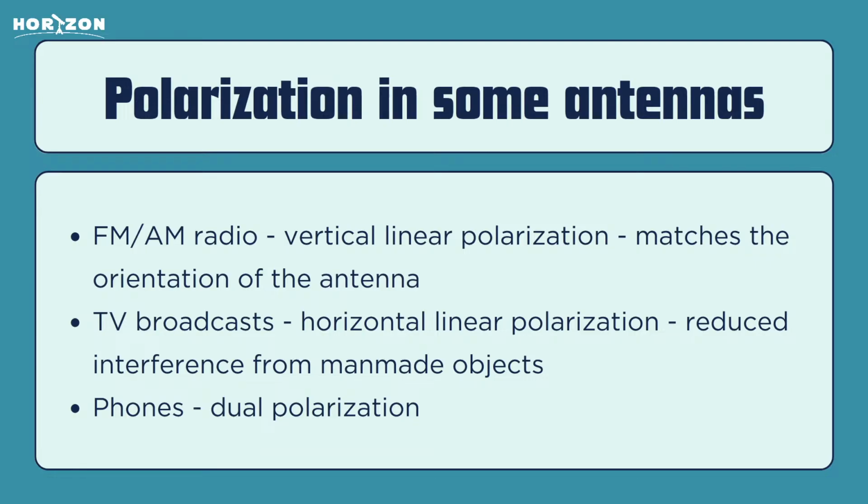TV broadcasts use waves with horizontal linear polarization, and this is done to reduce the interference that arises from man-made objects like buildings. Phones use dual polarization, which is polarization along two axes, because phones are often used at various different angles.